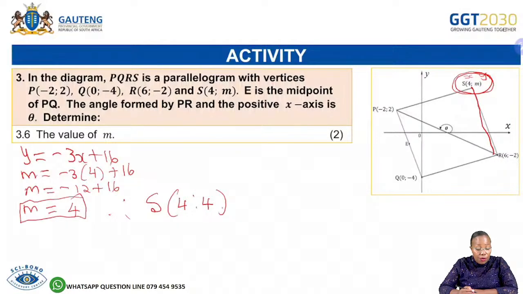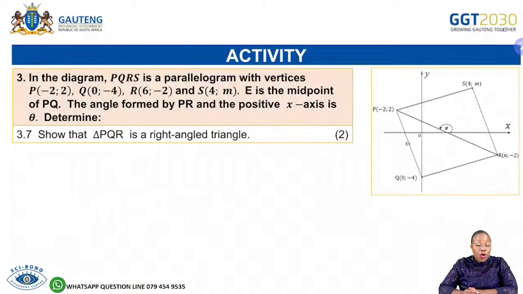And then now moving on. Show that triangle PQR is a right-angled triangle. If they say it's a right-angled triangle, they say to you, prove that there's a 90 degrees angle here. We need to prove that there's a 90 here. And then now, grade 12, how do you prove angles being 90?